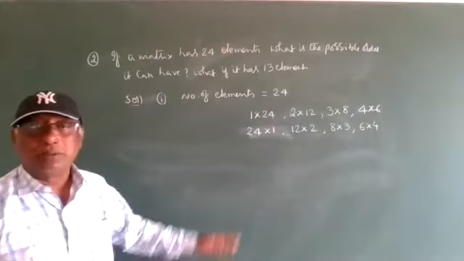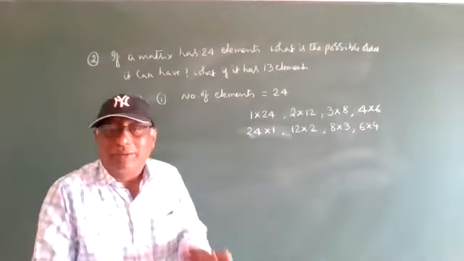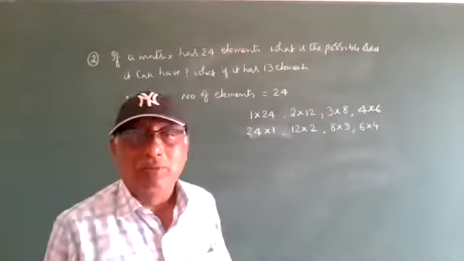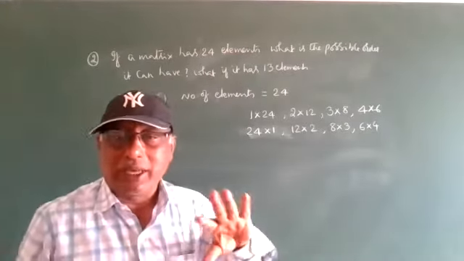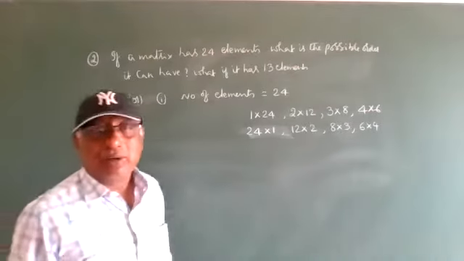Is it also possible? Write down only the factors: 1 into 24, 2 into 12, 3 into 8, 4 into 6. Write down the reverse order also.